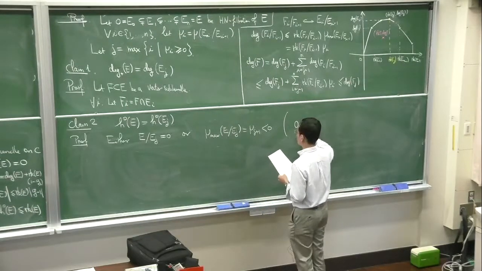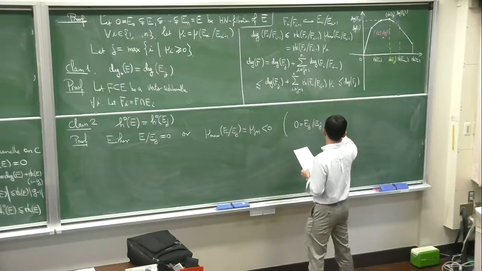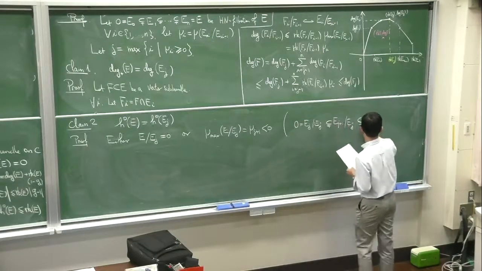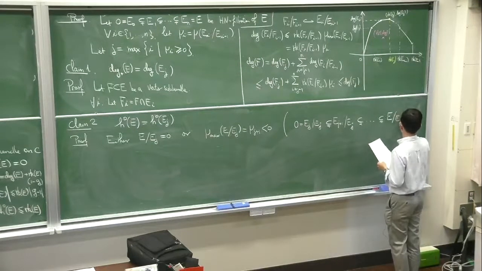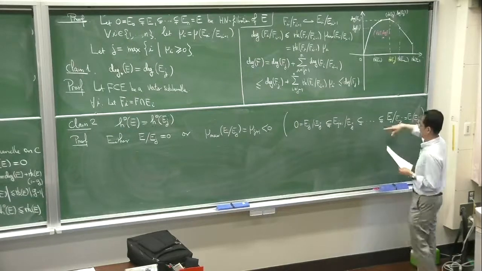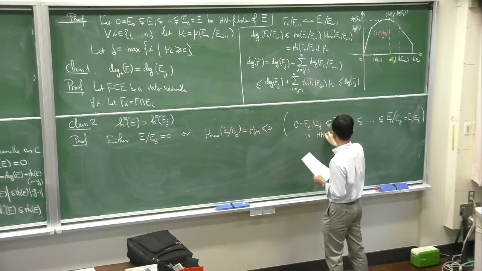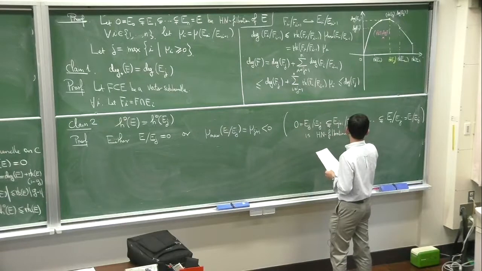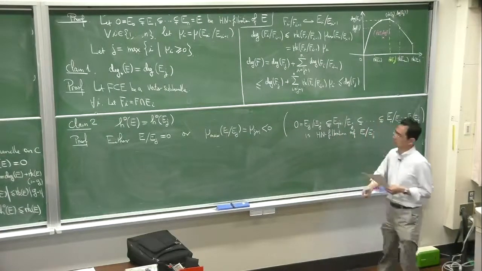This is because 0 equals Ej over Ej, included in Ej plus 1 over Ej, etc., up to En over Ej, which is E over Ej. If you pick this filtration, this is the Harder-Narasimhan filtration of this vector bundle E over Ej.